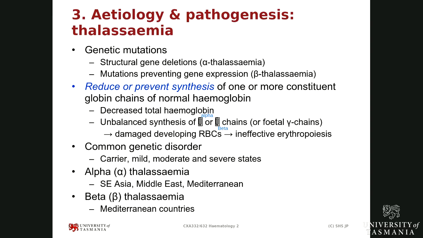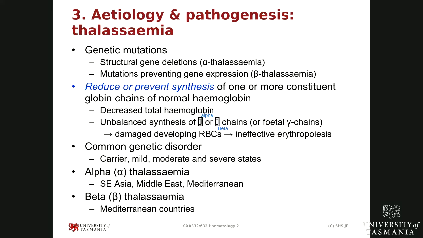And so when we get reduced synthesis of one of those chains, it means that the other half of the pair doesn't have anything to pair up to. And so we get precipitation of these chains, or we can get different sorts of hemoglobins being produced from these chains transforming into tetramers.